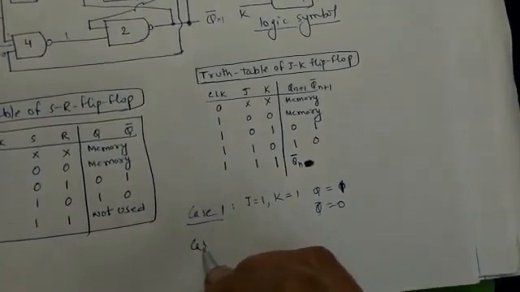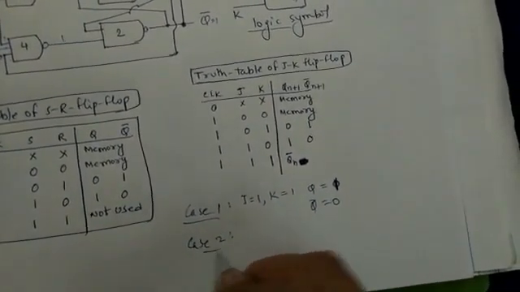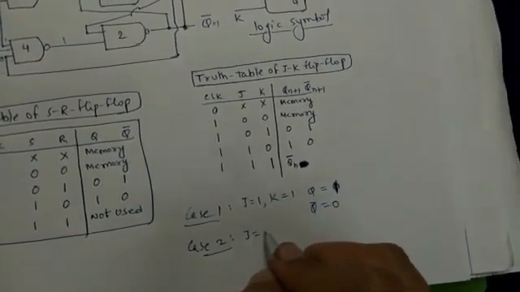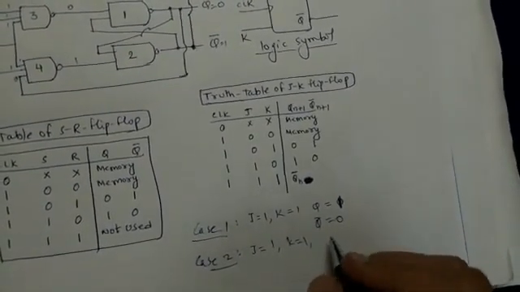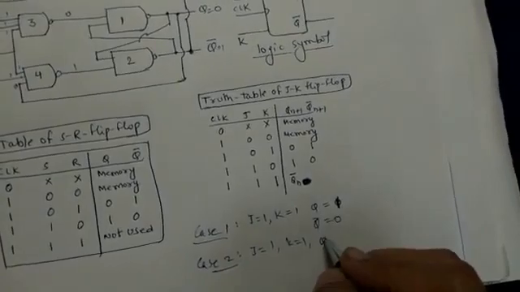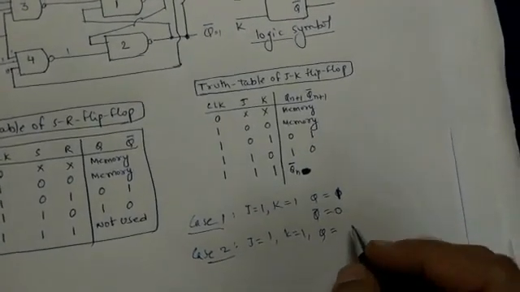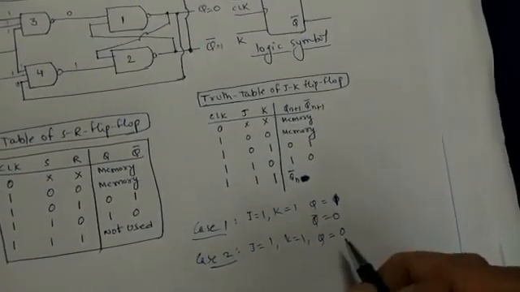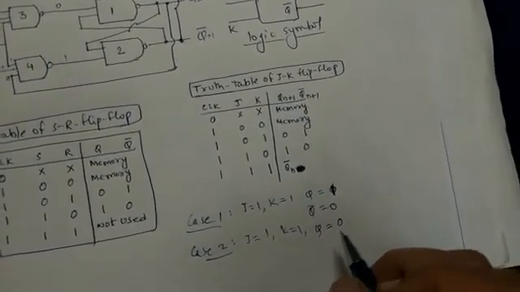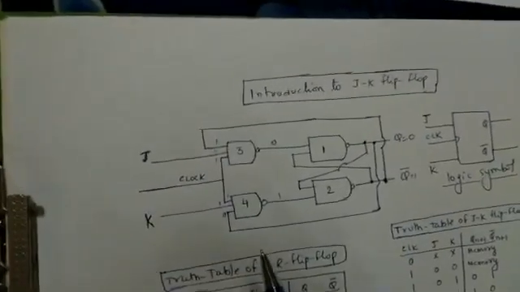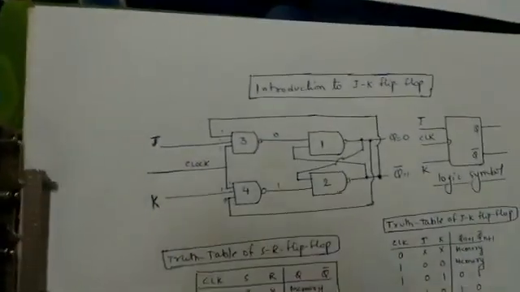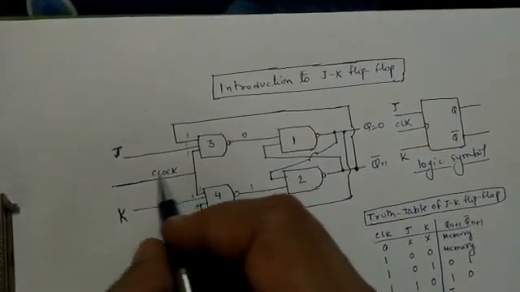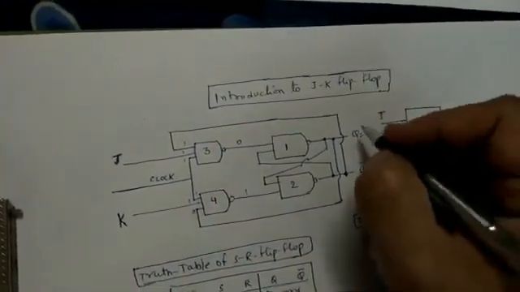Now if you consider the second case, in which J is equal to 1 and K is equal to 1, and we assume Q to be equal to 1. So now we have Q equal to 1, the second case.